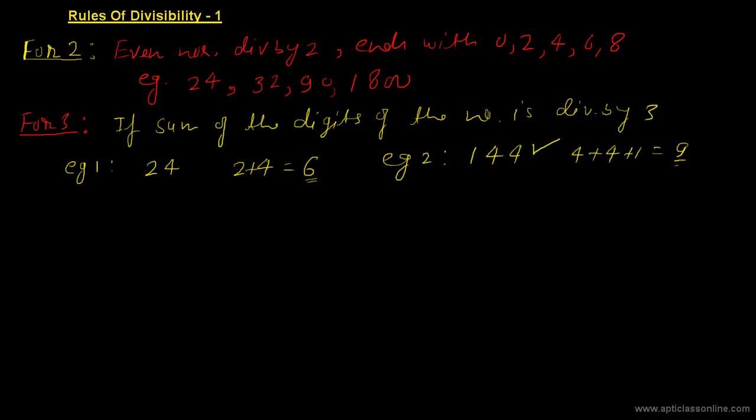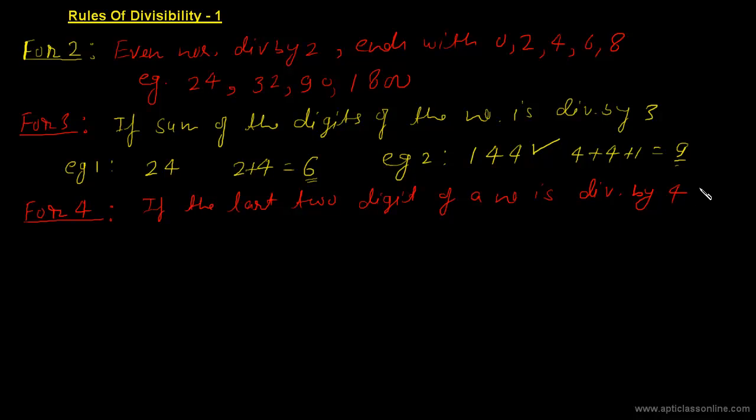Okay, let's go ahead. What is the rule for divisibility for 4? If the last two digits of a number are divisible by 4 or 00, then the number will also be divisible by 4.